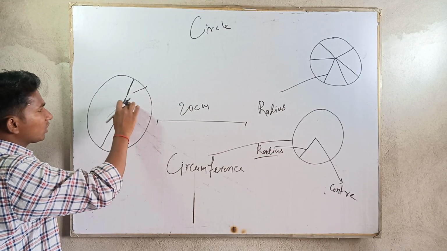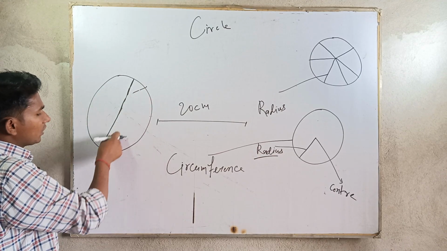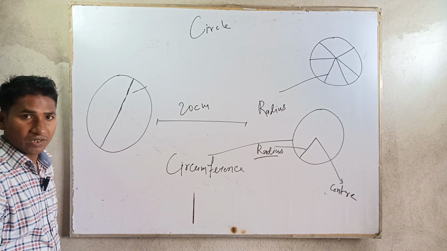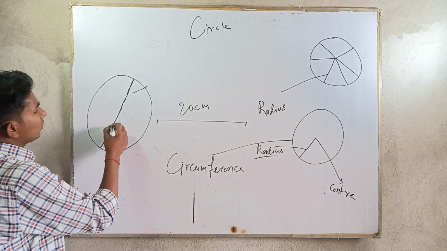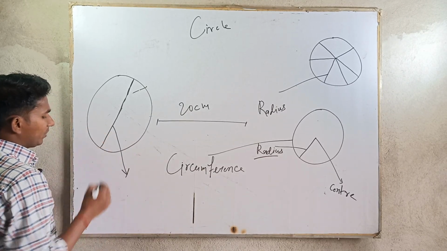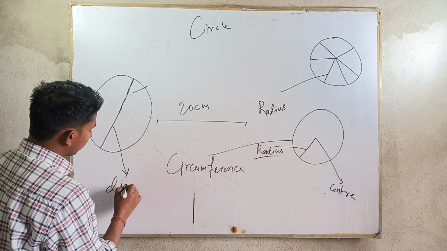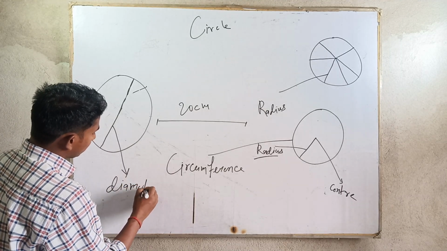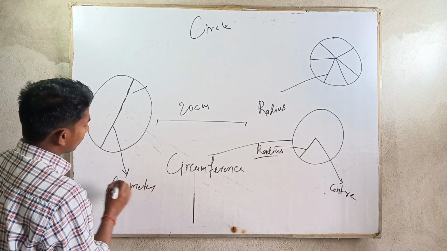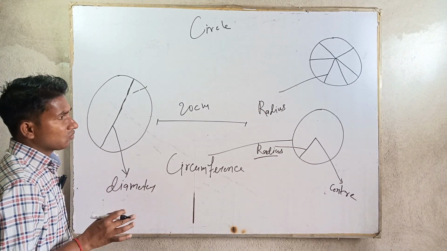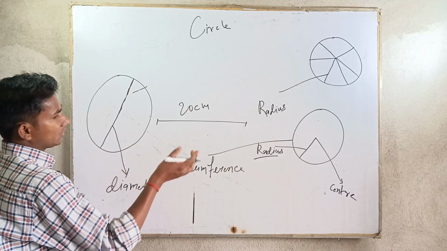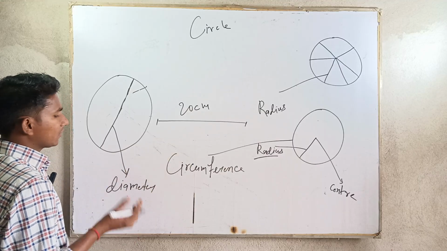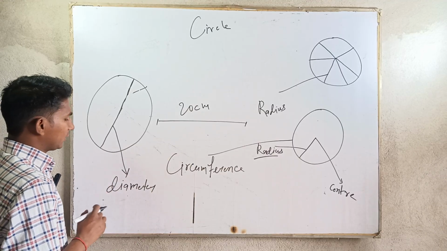You can say another way: it is crossing the center and touching the other side of the circumference, it is called the diameter. So you understood about radius, center, diameter, and circumference.